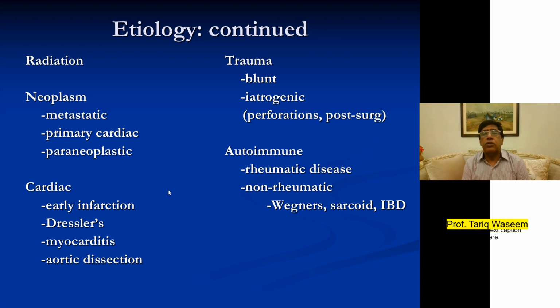space. Trauma we already mentioned, iatrogenic causes like perforations or post-surgical, and then autoimmune disorders like rheumatic disorders, as we mentioned, like rheumatoid arthritis or SLE, or non-rheumatic, like granulomatous disorders like Wegener's and sarcoid, and not to forget even inflammatory bowel disease can also have some pericardial involvement.